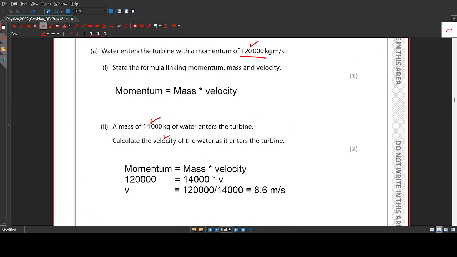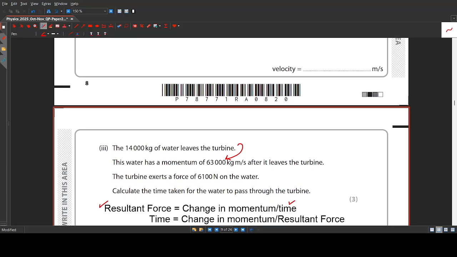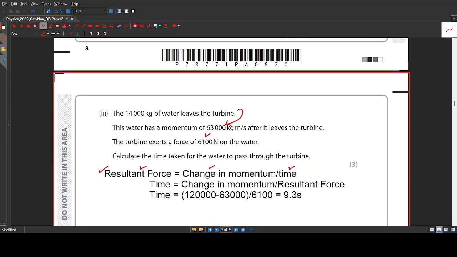So 120,000 minus 63,000 would be the change in momentum. And we do know the resultant force that is being exerted. So we can place that in our equation. So if we calculate the change in momentum and we place the resultant force over here, we can make time the subject, and that will be the answer to this question, which is 9.3 seconds. All right, I hope you have understood this question. Let's move ahead.